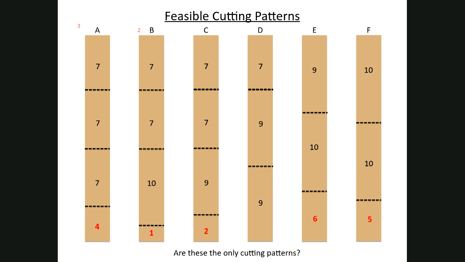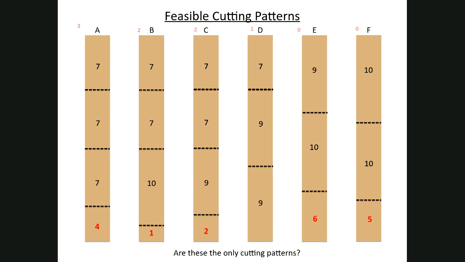For pattern D, there's going to be one. And then for pattern E, there's going to be none. And for pattern F, there's going to be no 7-foot boards. So what we've created here is essentially the left-hand side of that constraint for the 7-foot boards.